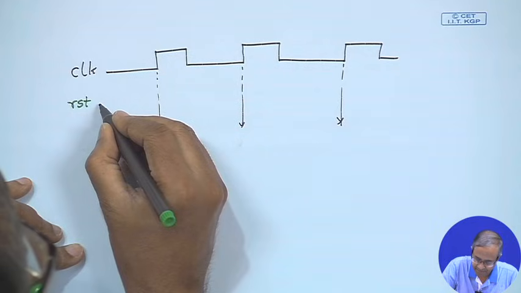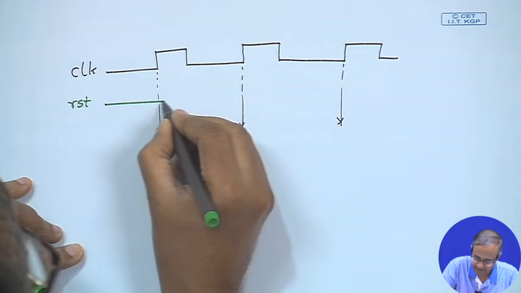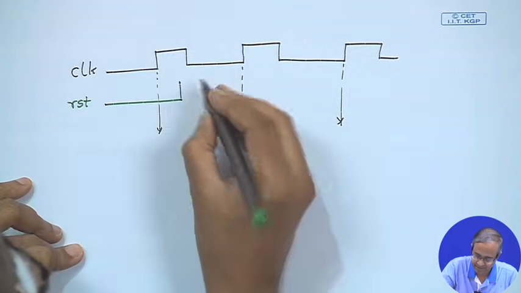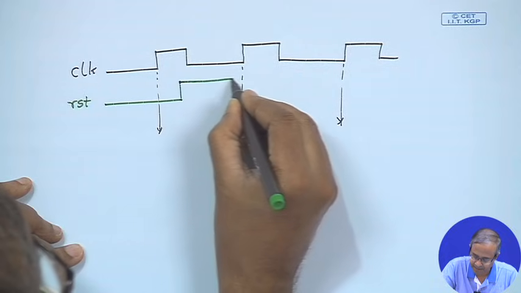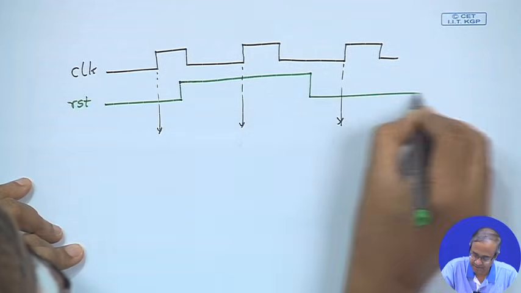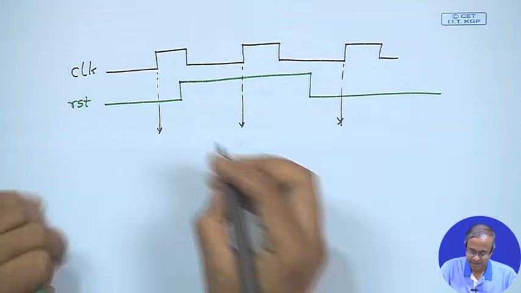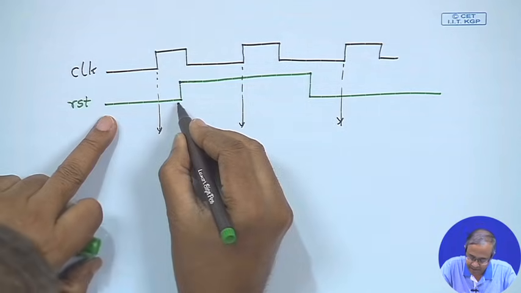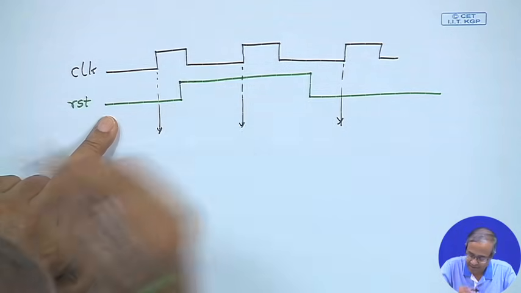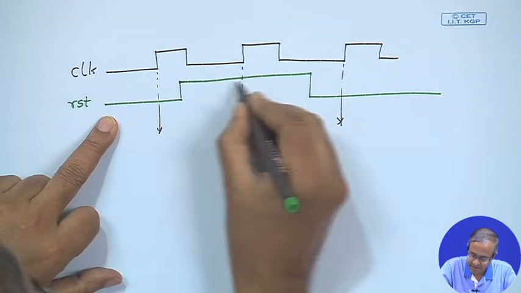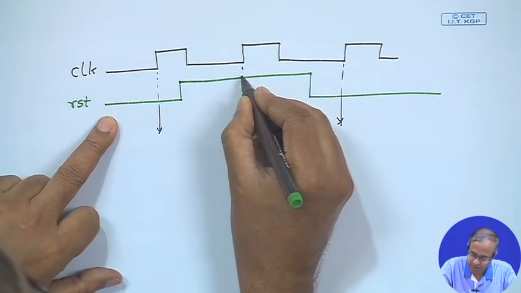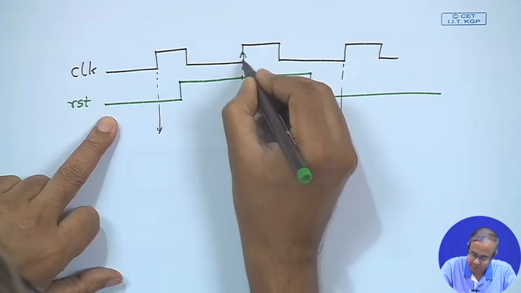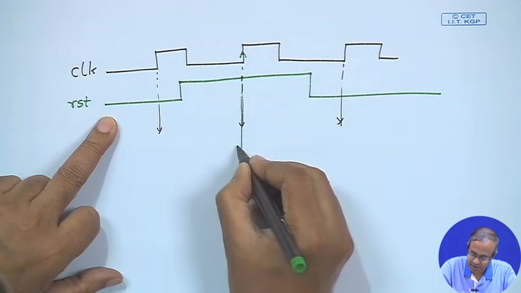But suppose my reset signal I have made high here, and I have kept it high for some time, and then I have made it low. See here, even though I made the reset signal high here, according to our previous design, the counter will be reset only here, whenever the next positive edge of the clock comes.